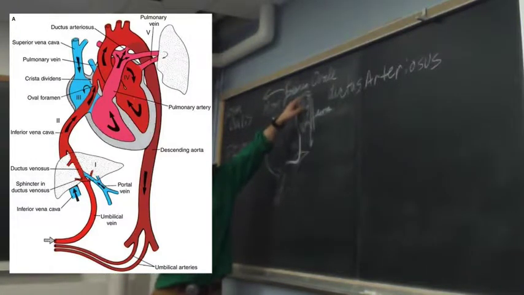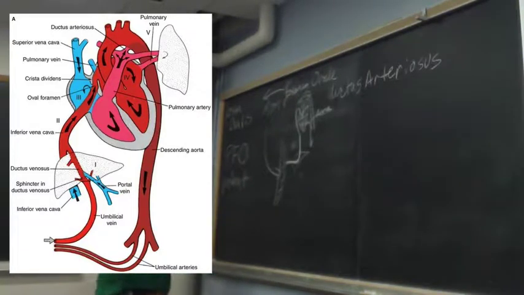Then this shunt between the pulmonary trunk and the aorta, this ductus arteriosus, there is an extreme vasoconstriction that happens right there.